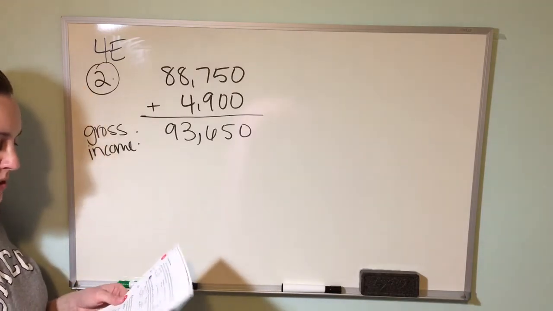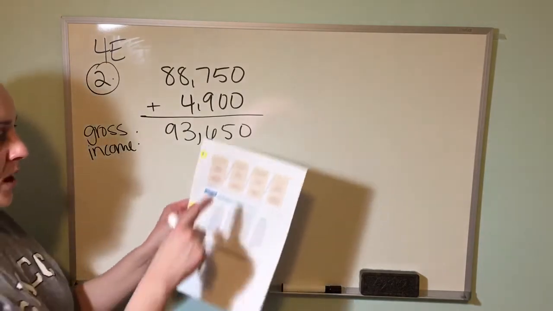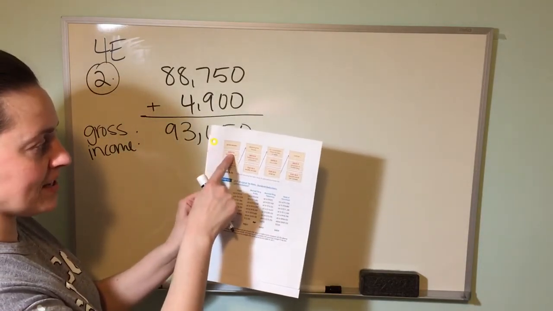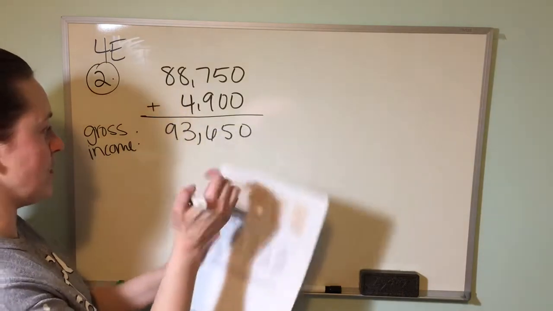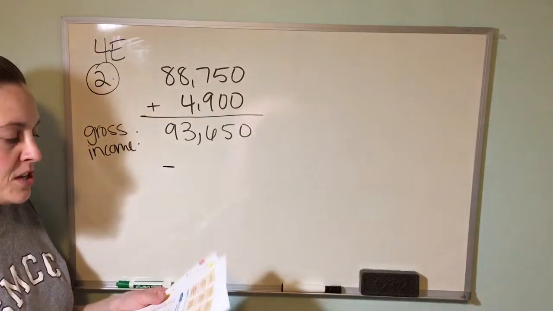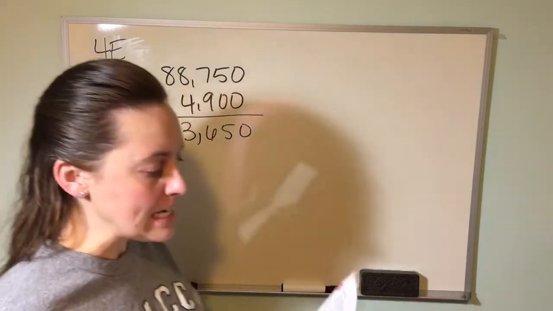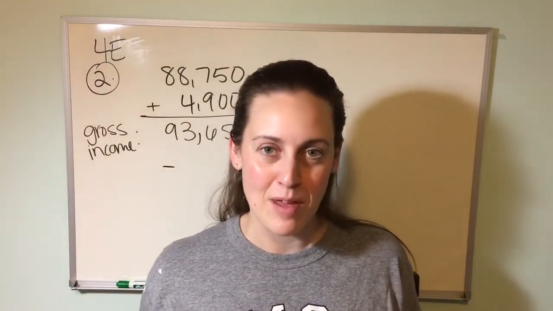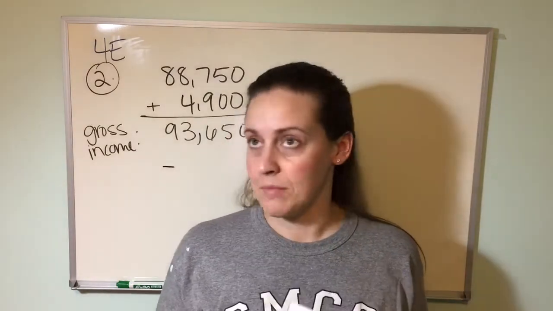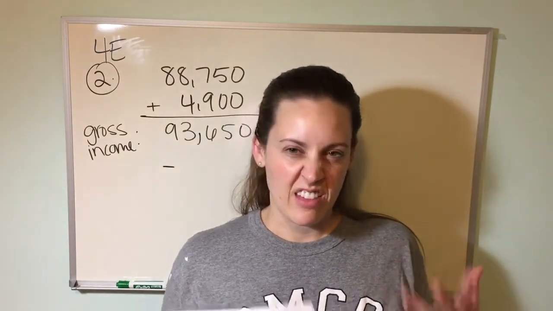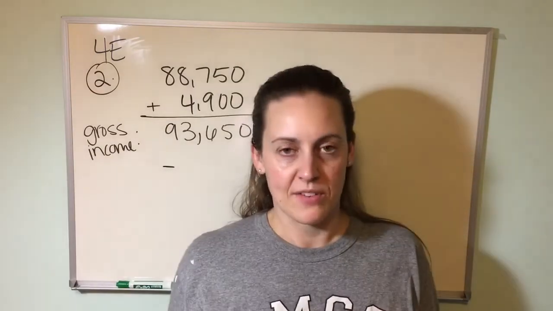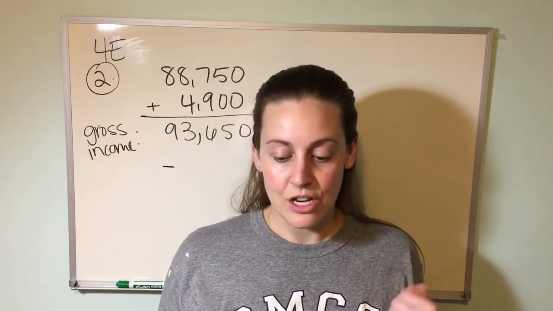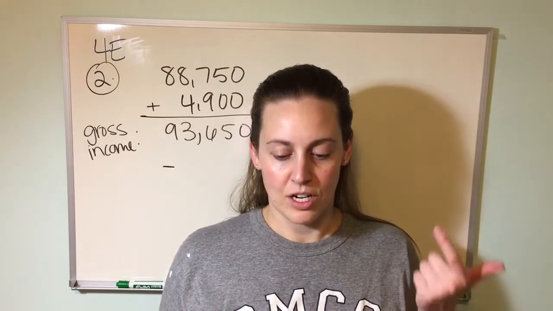Then they want to know, okay, what's her adjusted gross income? Well, if we go back to the flow chart here, we take her gross income and we subtract any adjustments to income. So remember, an adjustment is maybe she contributed money to a tax-deferred retirement plan, maybe she put money into her kids' college fund, something like that, tax-deferred. You're kind of moving money around. An adjustment is not either an exemption or a deduction.